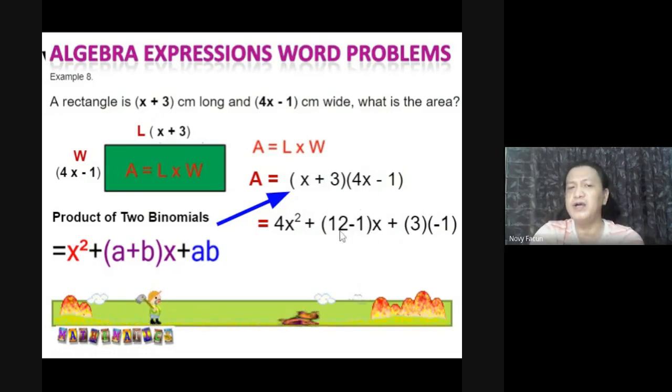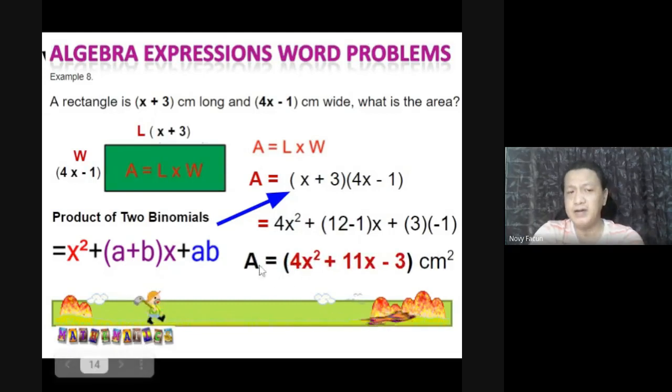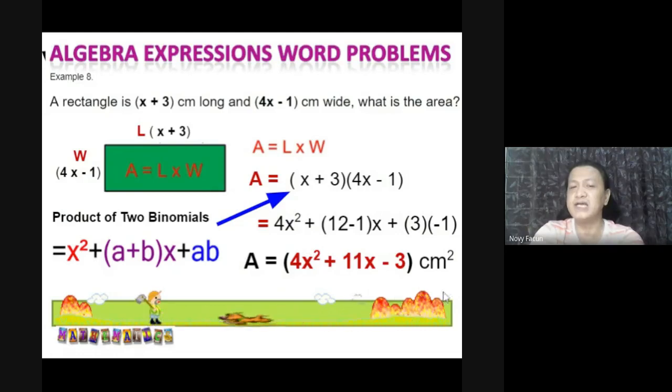So 12 minus 1, 12 is the product of the inner and the outer. That's why 12 minus 1, x, plus 3 times negative 1. The product of this is the last term. And then you're going to simplify. The area now is equal to 4x squared plus 11x minus 3 square centimeters. This is now the area of this rectangle.